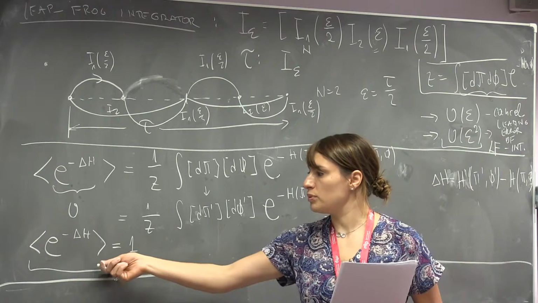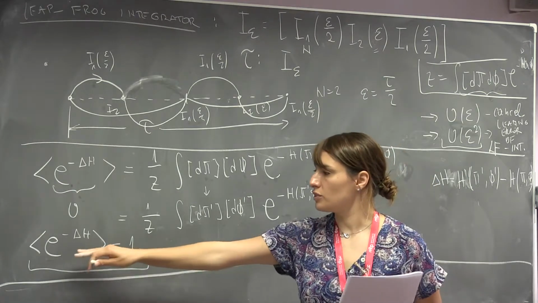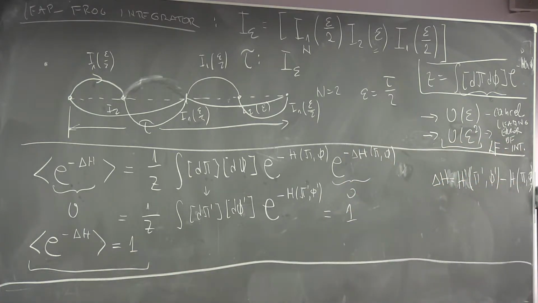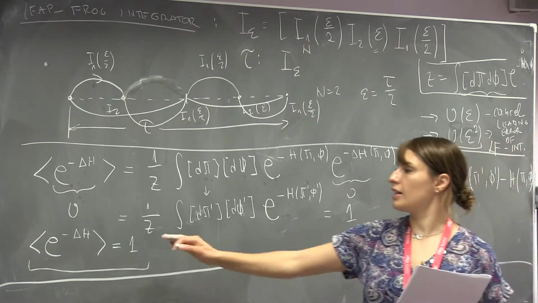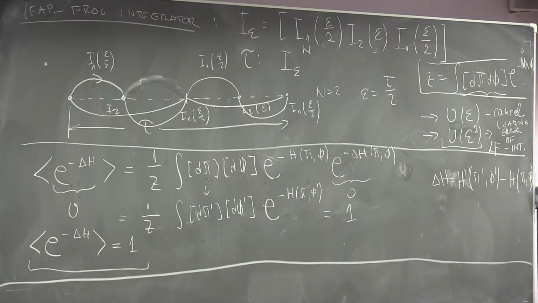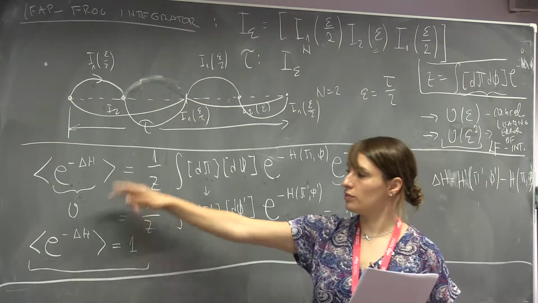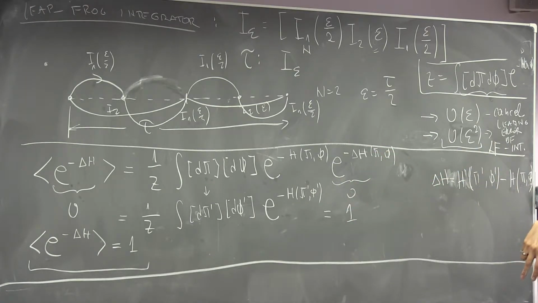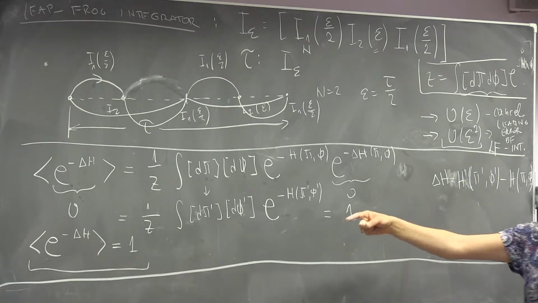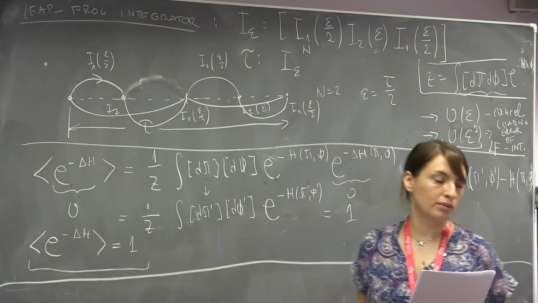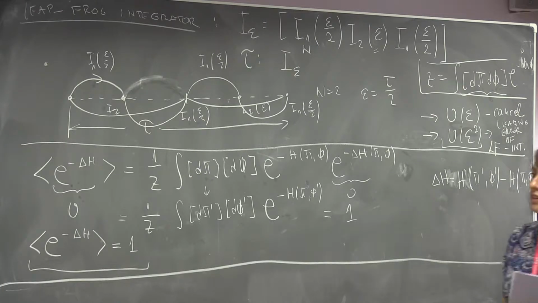In principle, since the average of e to the minus delta H has to always be 1, if you have, say, a large negative value of delta H, the algorithm would make sure that you have a lot of values with the opposite delta H in order to compensate, and to average over your Monte Carlo chain, over your Markov chain, to actually get this average of 1.